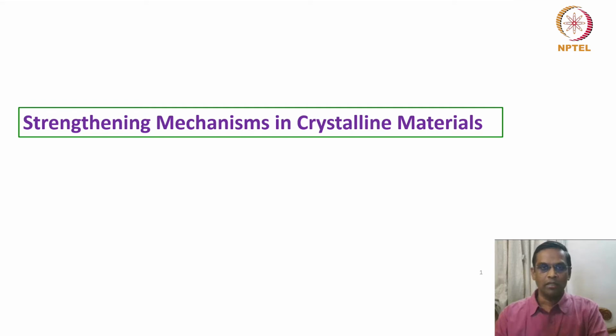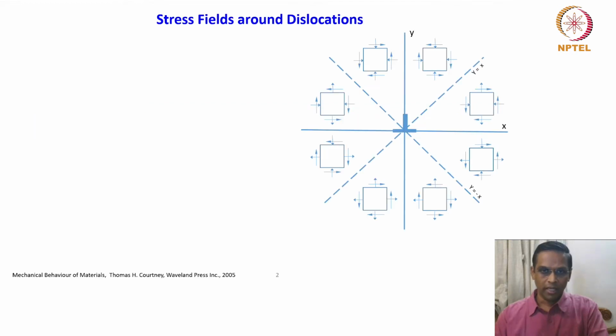With the addition of a foreign atom to the matrix, what changes does it bring in, and what kind of stress field surrounds the solute atom with respect to the solvent matrix? These are the concerns. So we will recollect what we have already seen about the stress field around the edge dislocation.